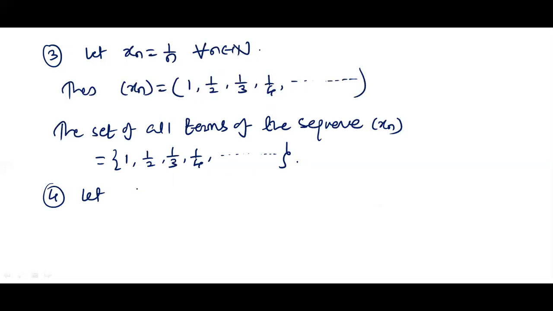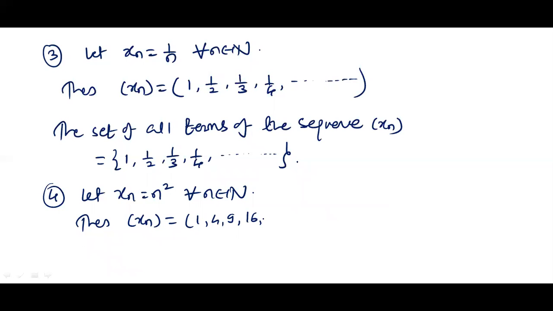Let's see another example. Let xn is equal to n square. Then the sequence xn is a sequence whose terms are 1, 4, 9, 16, 25, and so on.